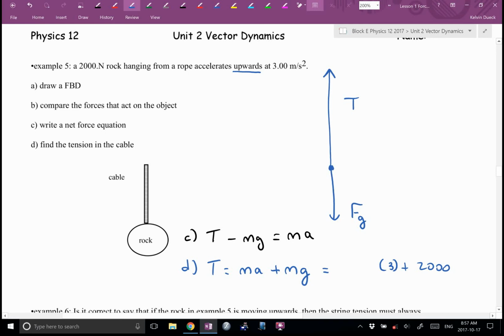If I know the weight, if I know the mg, how can I figure out the mass? Who remembers from last year? Emily. That's the mass. What's the tension?